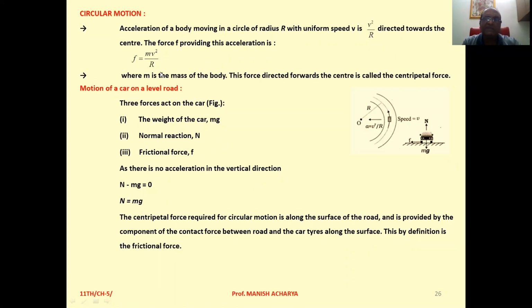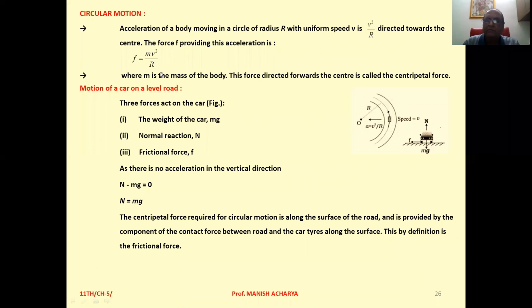In short, if we want to sustain the motion of a body which is moving on a curved or circular path, then the required centripetal force is mv squared by r. If this much force is not provided to it, then definitely that particular object or body will slip off.